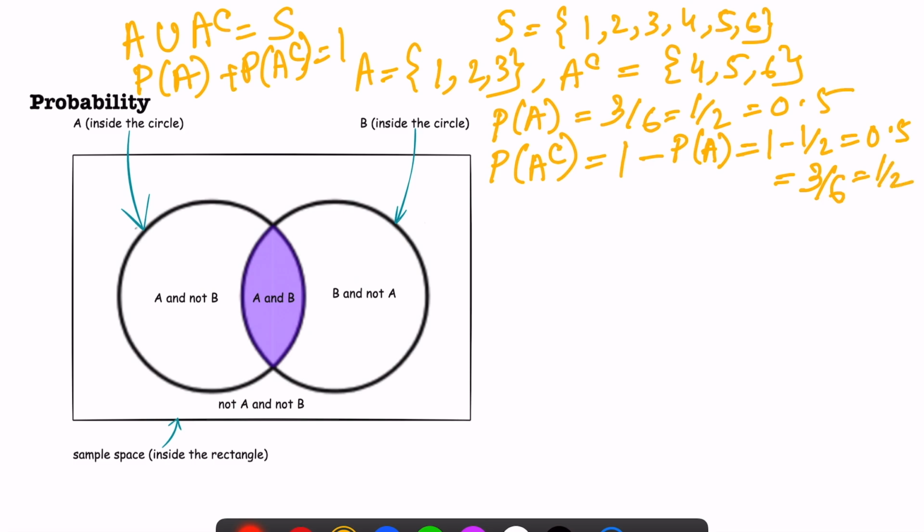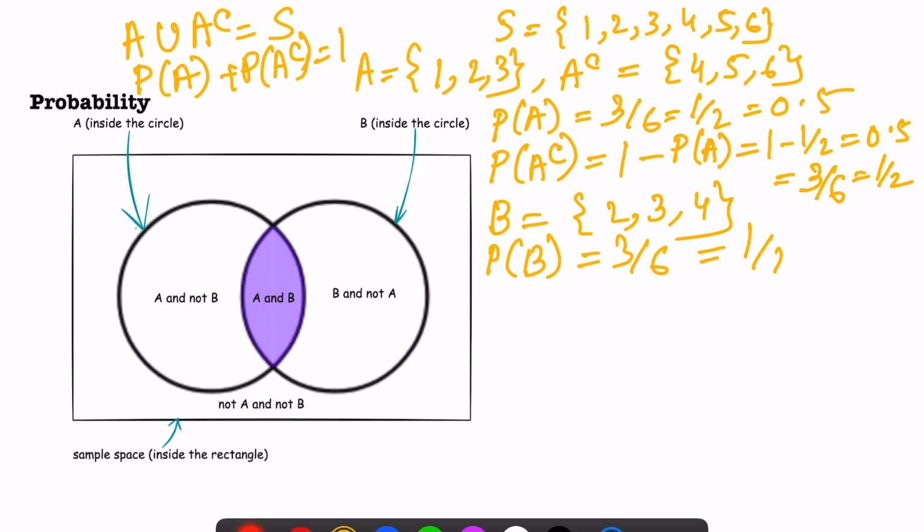Now let's consider one more event, that is 2, 3, 4, right? So what's the probability of B? That is also 3 out of 6, that is half. But what's the probability of A intersection B?